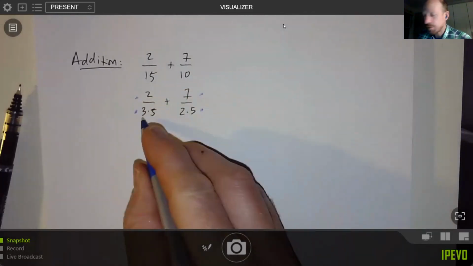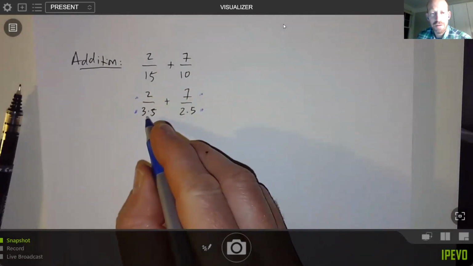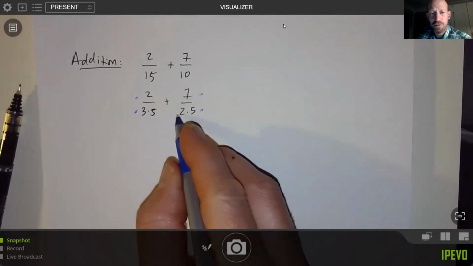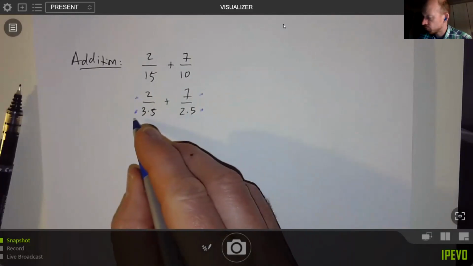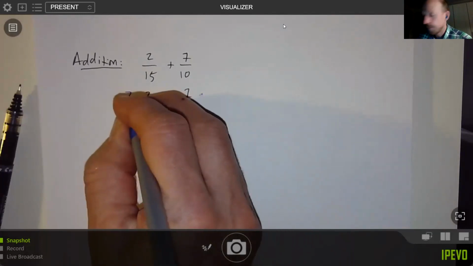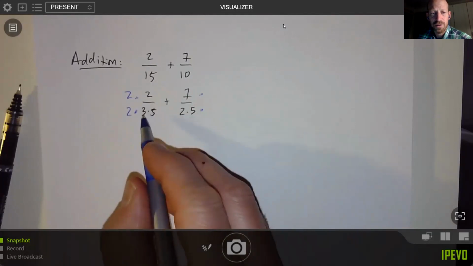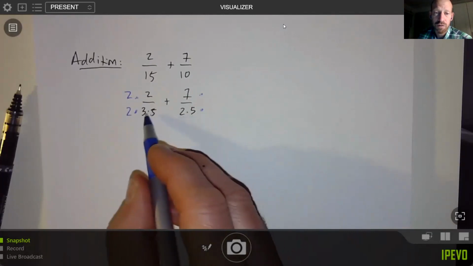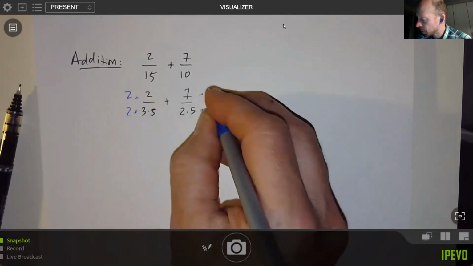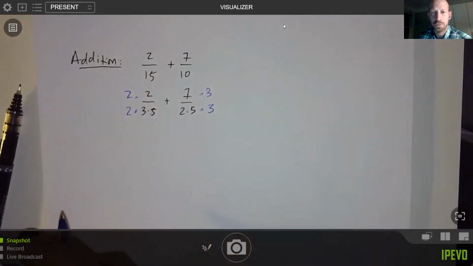I need the same denominator. Here I have a 3 and a 5, and over here I have a 2 and a 5. So if I have a 2 here, I've got to have a factor of 2 over on this one as well. And now this one has a 2 and a 5 in it, so that's good. This one needs a 3 to match this one over here. So I do that by multiplying top and bottom by 3.